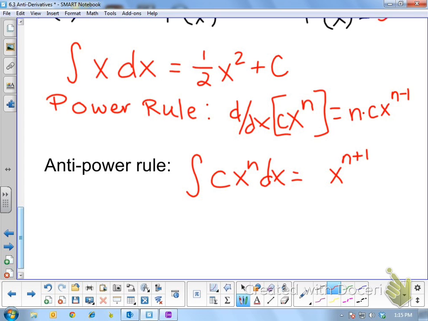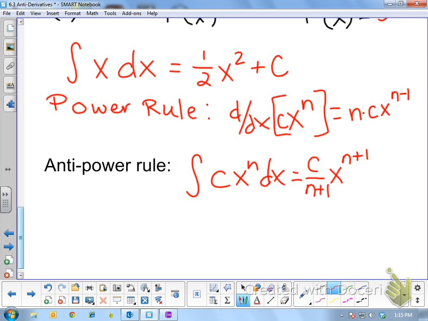Then we had to multiply by n here. How would we get rid of it? Divide by n, but since this is where we're starting and we went to n plus 1, we need to divide by the same as the exponent. We multiplied by the exponent here, so we need to divide by the exponent. Divide by n plus 1.